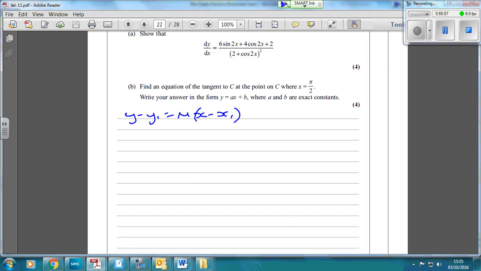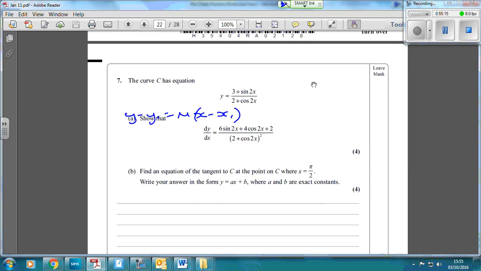So what we need is a coordinate, and also the gradient. It tells us here that the x-coordinate is pi over 2. So substitute that into this, and it's going to get a y-coordinate, and in doing so, that gets us 1 mark. So we've got x equals pi over 2, which again you'll notice is in radians. So set your calculator to radians.